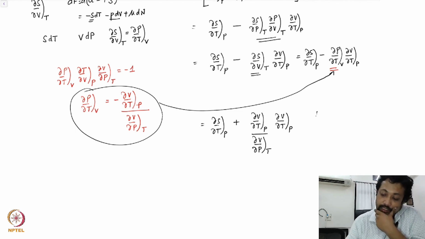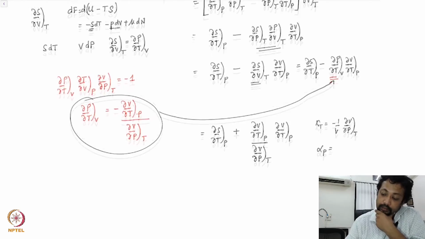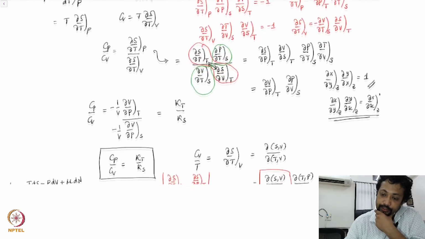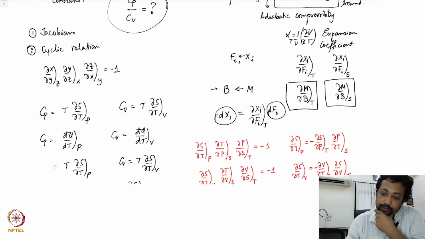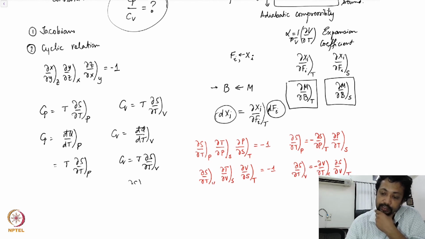Now you see kappa T is minus 1 by V del V del P at constant temperature, and alpha P, what did I define the response function here? Let's see. Yes, sorry, this has to be alpha P because you're taking a derivative with respect to temperature.